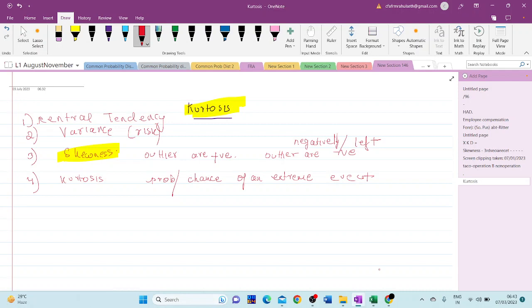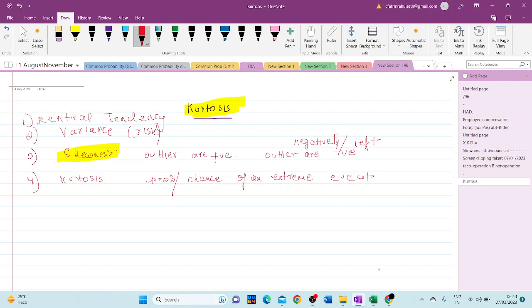So if a distribution is negatively skewed, then outliers are going to be below the mean, right? You are going to have negative extreme events, and if kurtosis is very high, then that would mean that the chances of this extreme event happening is very high.